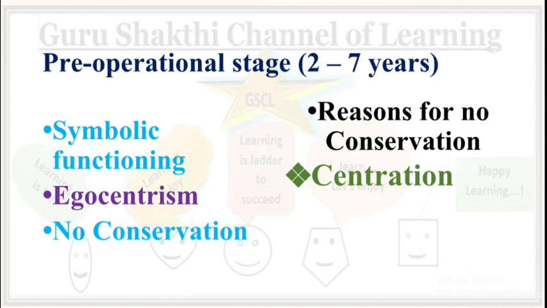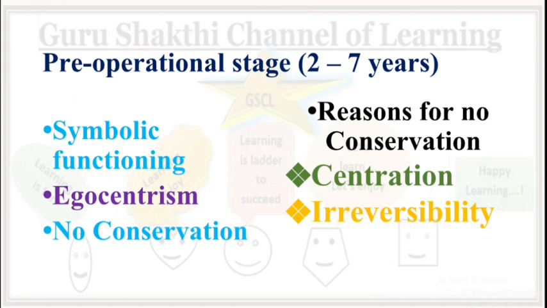Another reason for no conservation, irreversibility. Children cannot mentally reverse the action and think about the previous state of the object.